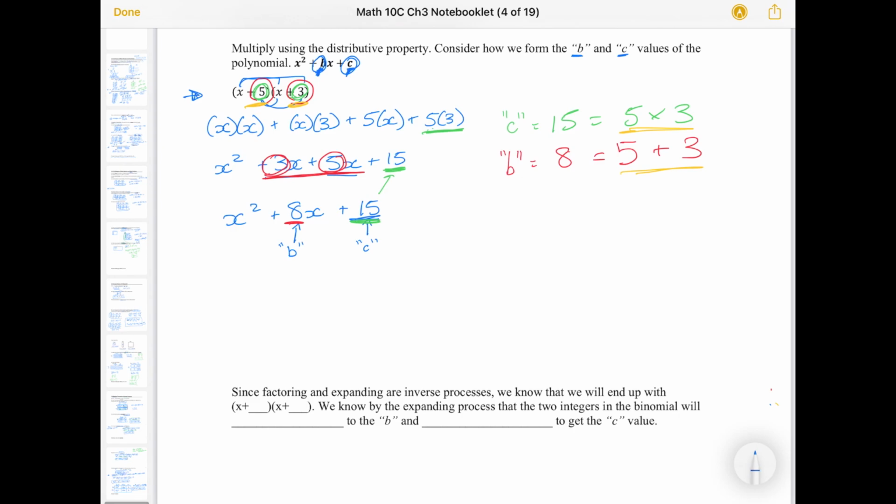We know by the expanding process that the two integers in the binomial will add to the b value and multiply to the c value. Right, so I need to multiply to my c, add to the b.